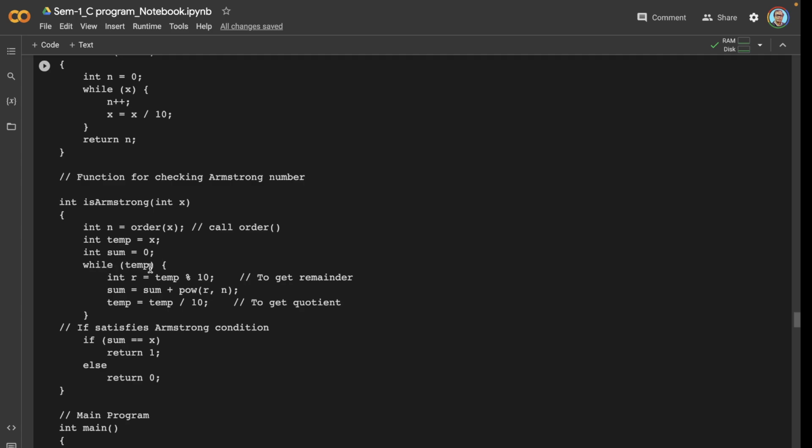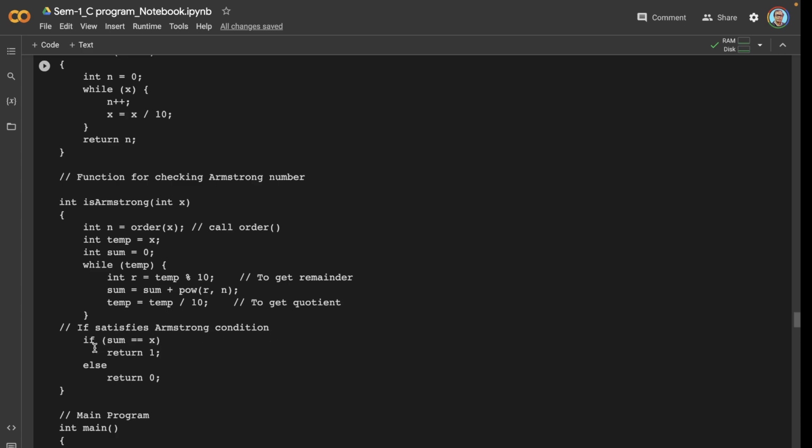While temporary is not equal to 0, integer r equals temporary modulo 10 to get the remainder. Sum equals sum plus r to the power n, and temporary equals temporary divided by 10 because we get the quotient.